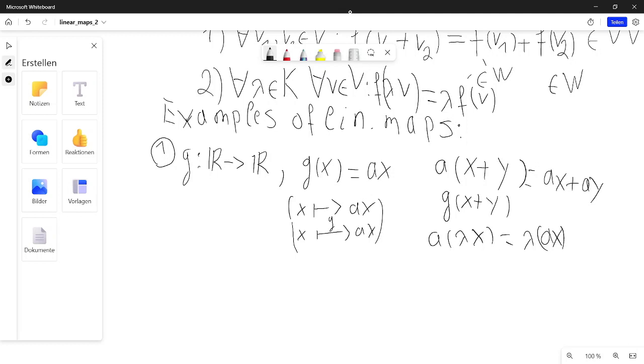Right, this was the most basic example. What else? Well, a generalization of that is, of course, that we have a matrix M in R^(k×n). Remember matrices from the last time? Well, probably you should be familiar with matrices, I would say.